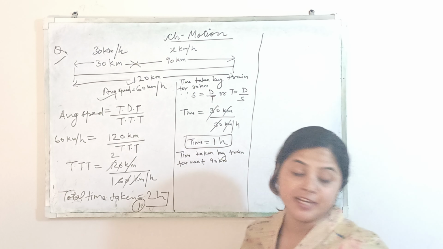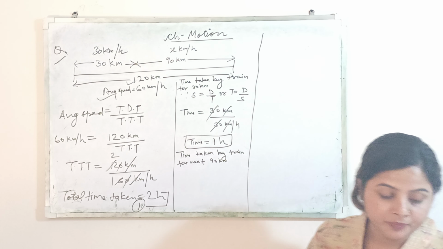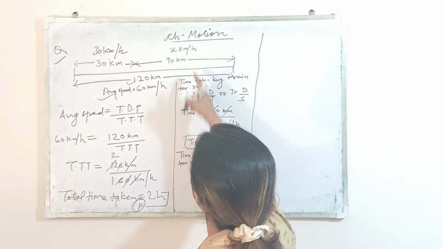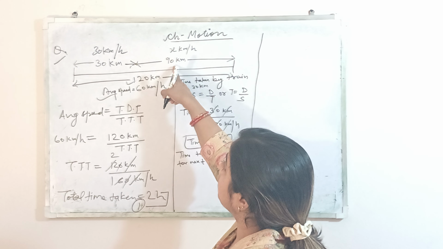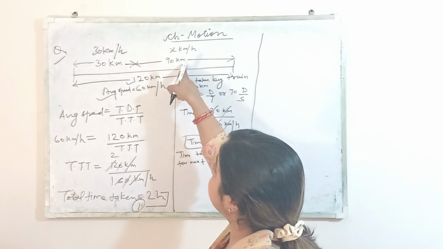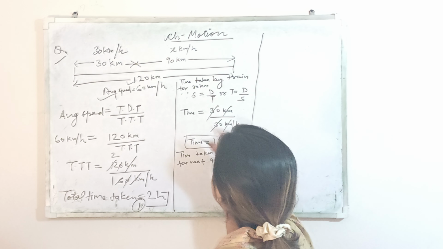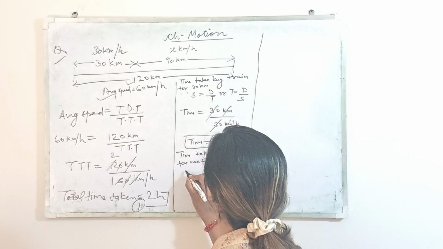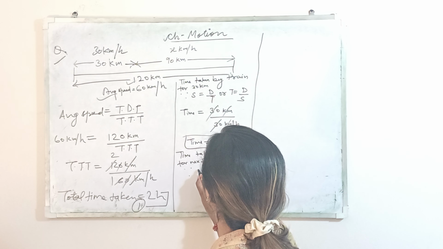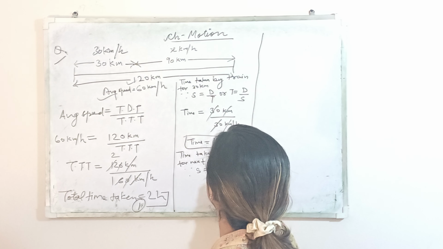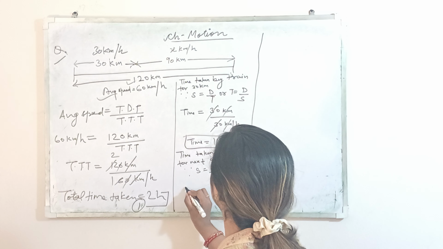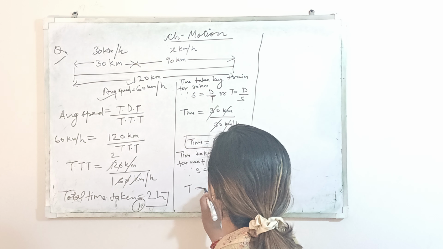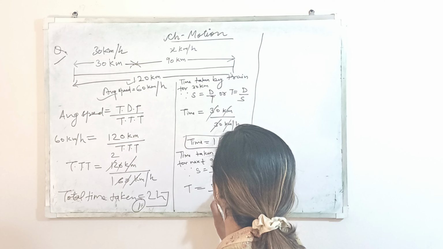Okay, for the next 90 kilometer, we have taken the speed of the object or train as x kilometer per hour. Since speed is equal to distance upon time, time is equal to distance upon speed.